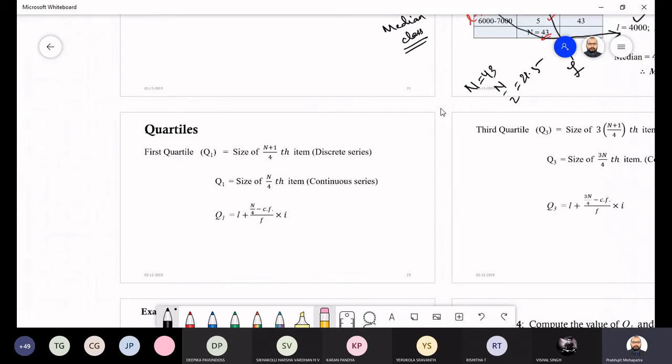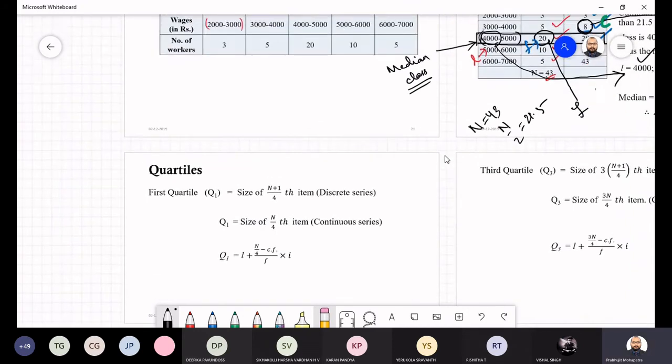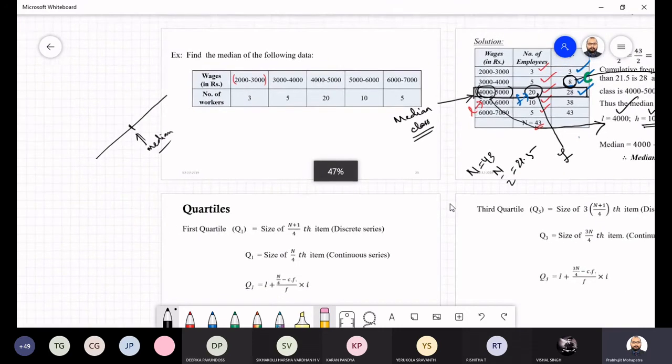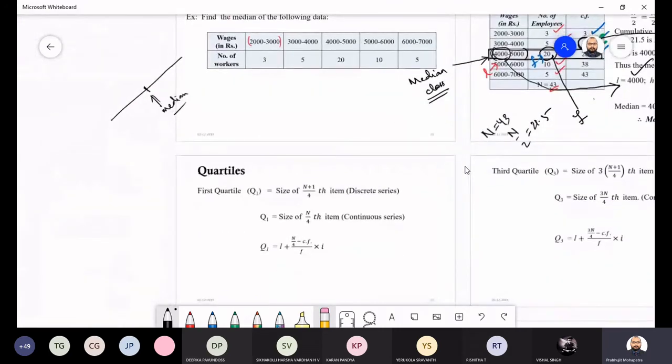Now the quartiles. What is the median doing? The median is dividing the whole data into 2 equal parts. This is a median. The quartiles will divide the whole data into 4 equal parts.